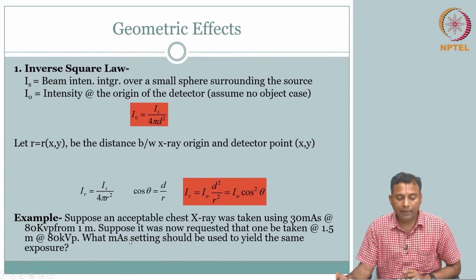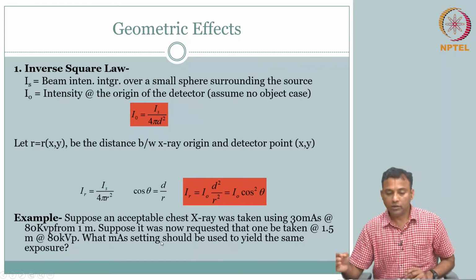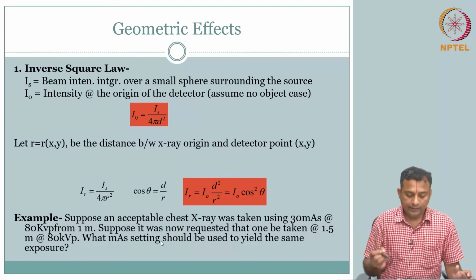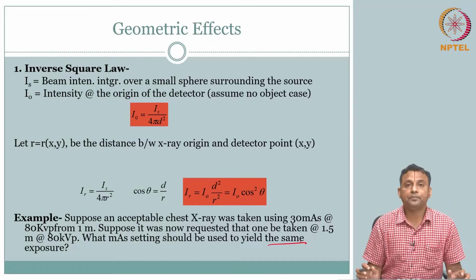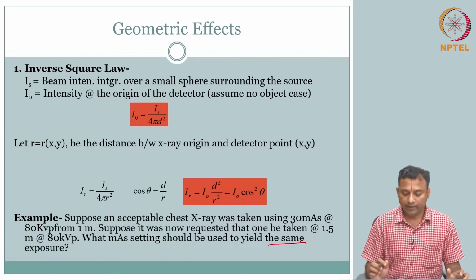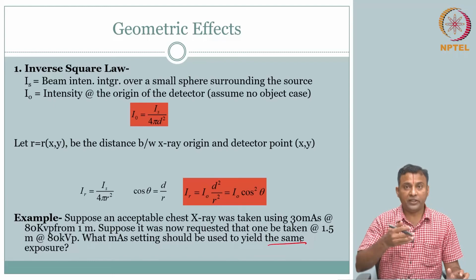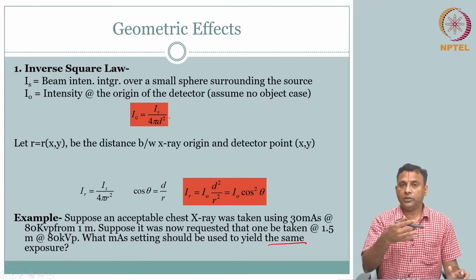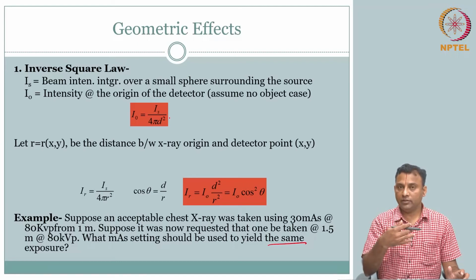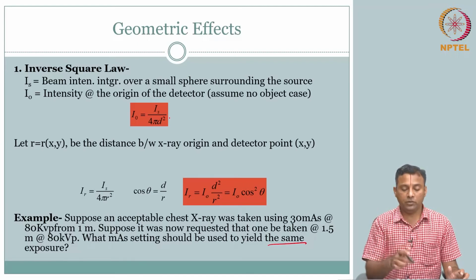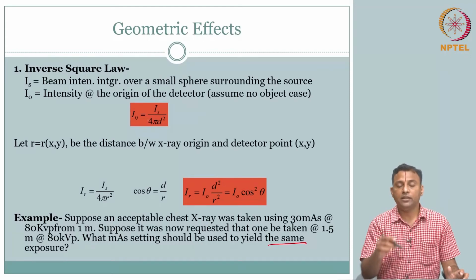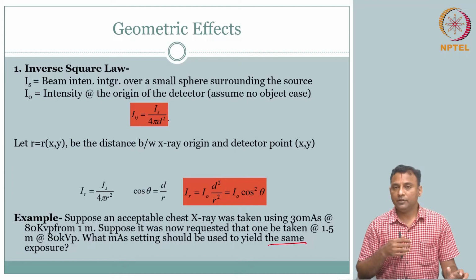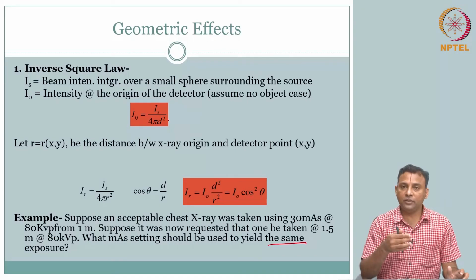Question is, what MAS setting should be used to yield the same exposure? The idea is you are asking the patient to move, in which case the exposure is going to change because it is dropping off with respect to D. So, if he is moving closer, you can reduce the exposure.